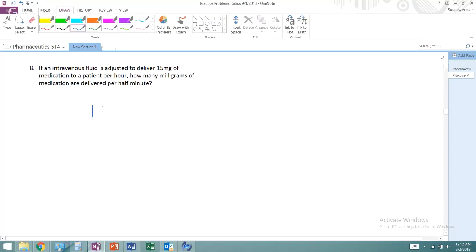So they want to see 15 milligrams to a patient per hour. So 1 hour. How many milligrams of medication are delivered per half minute? So we have to figure out, 1 hour is equal to 120 half minutes.